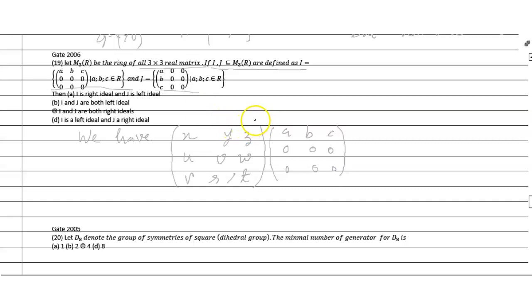So this is M3(R). This point. This is called I.